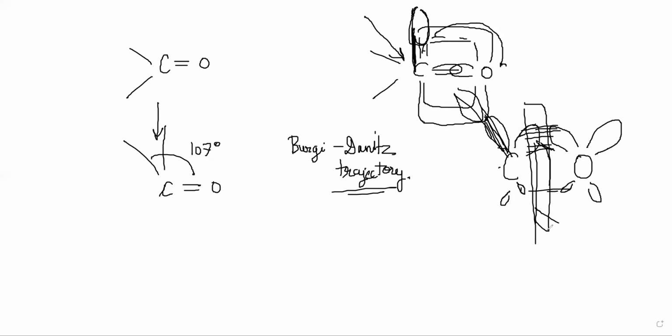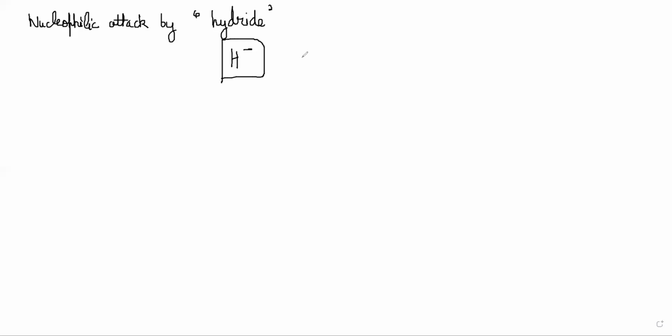Let's move on. We'll move on to the fact there is nucleophilic attack by hydride ion. Nucleophilic attack. This is quite interesting. Attack by hydride ion. So this hydride, what is this hydride stuff? It is H minus, right? On aldehydes and ketones.